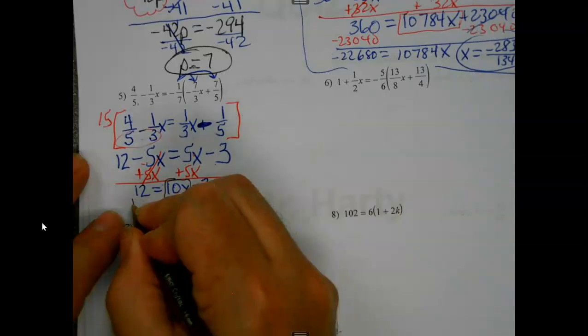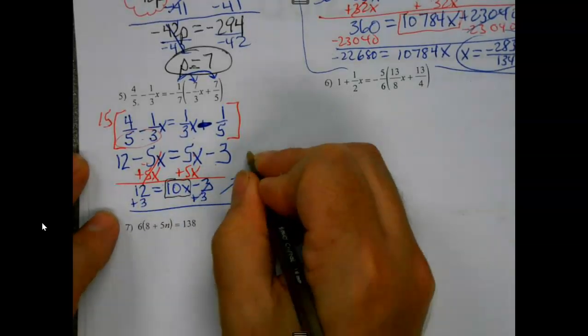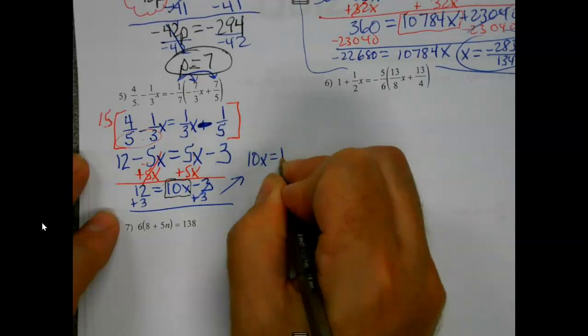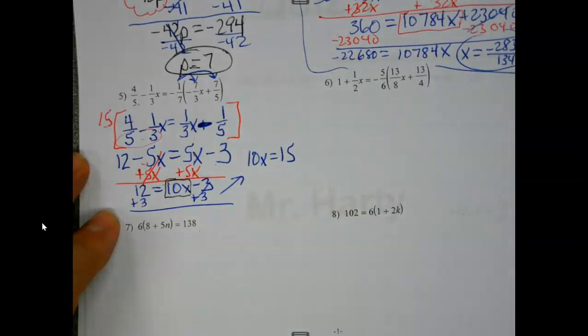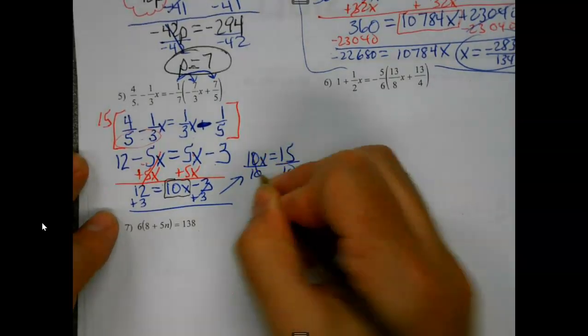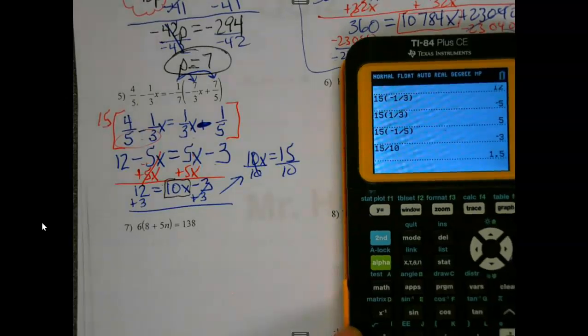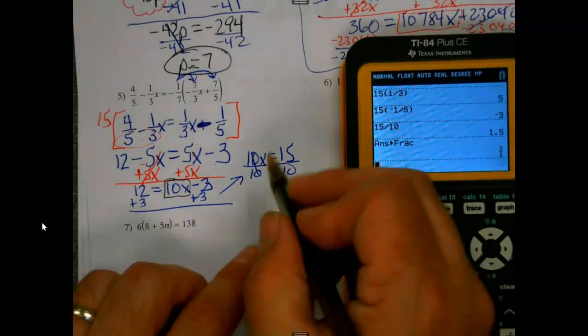And now we're just taking our time. Divide by 10. Let's get to the simplest fraction we can. Math, enter, enter.